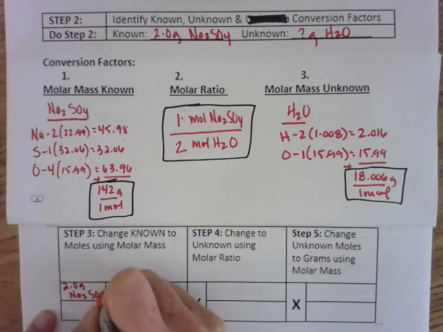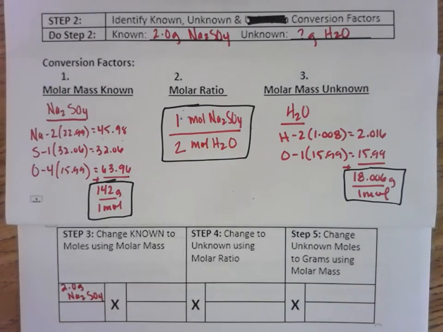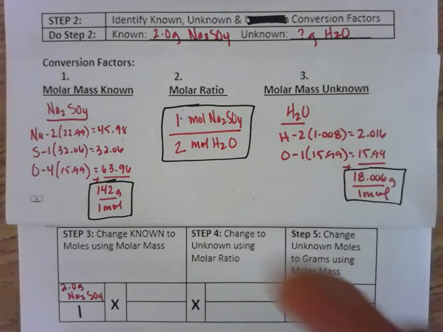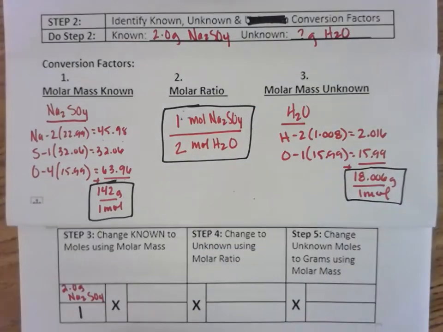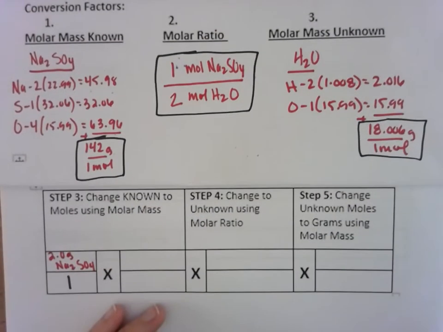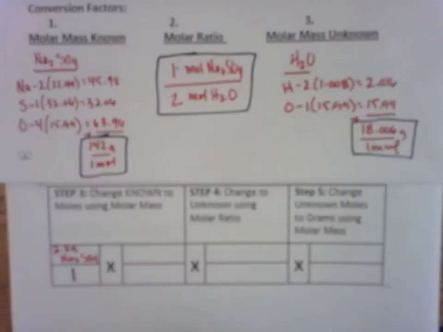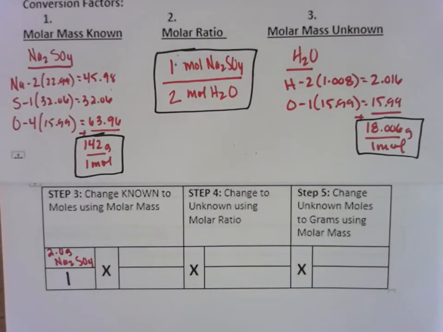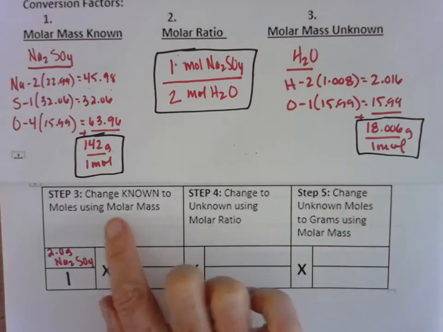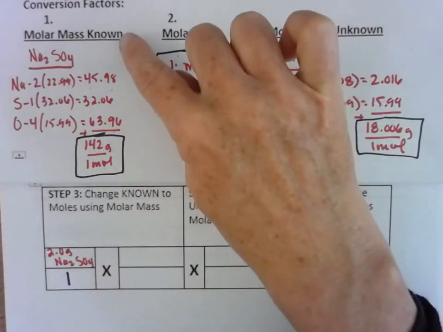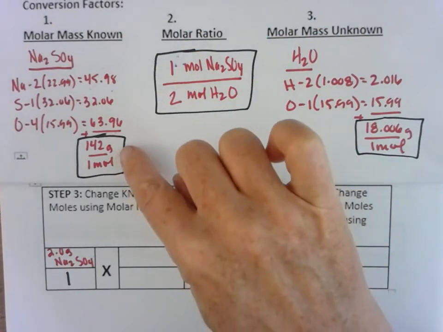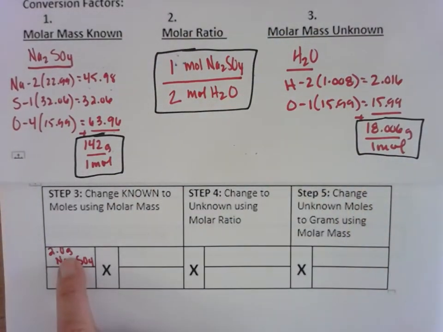Okay. Now that number is always over 1. Now I don't need this, so I'm going to come back down so it's bigger. There we go. Focus it. Alright, we need to use the molar mass of the known. Here is the known, here is the molar mass of it. Now I have grams here.